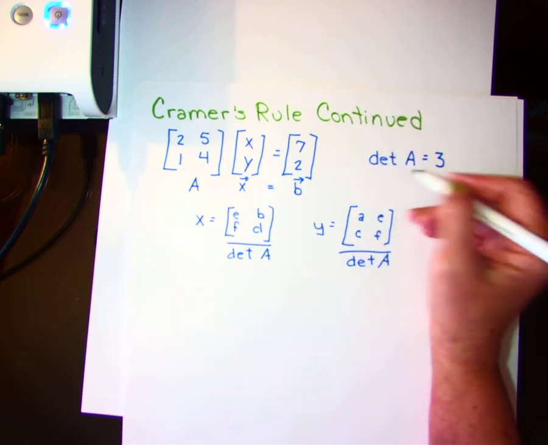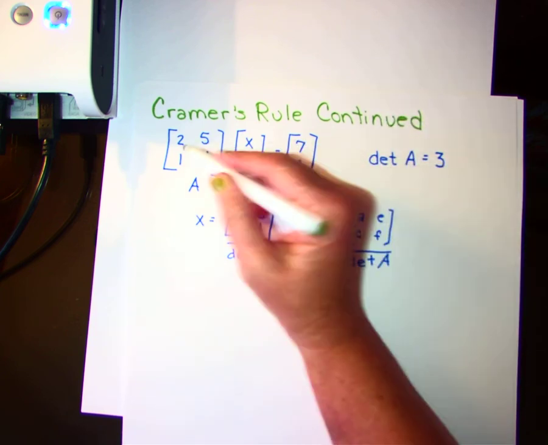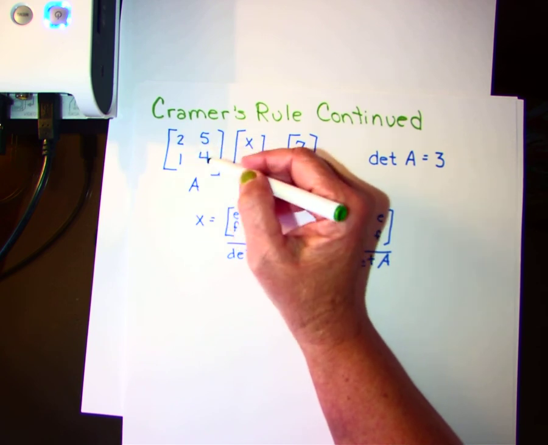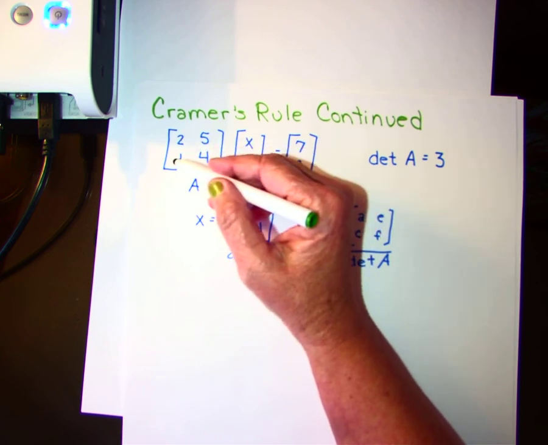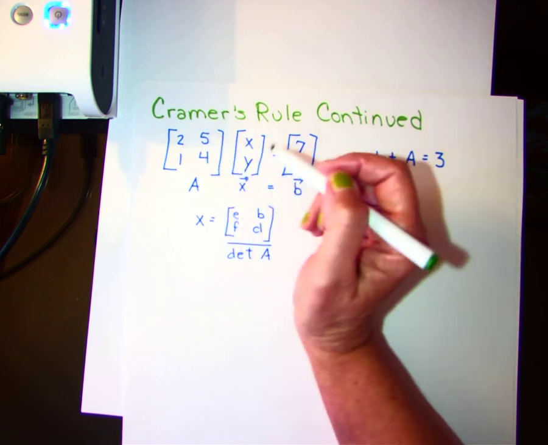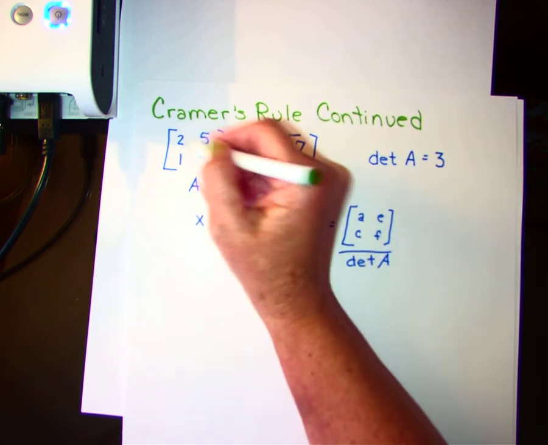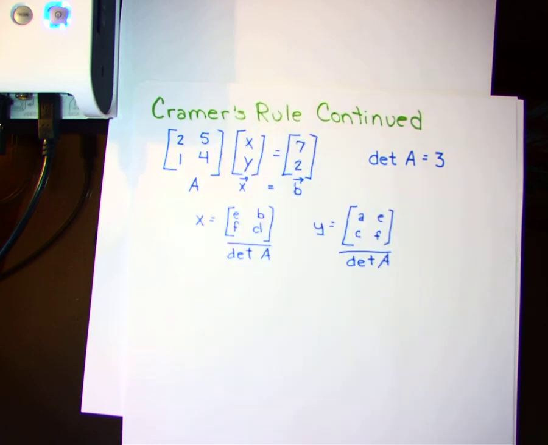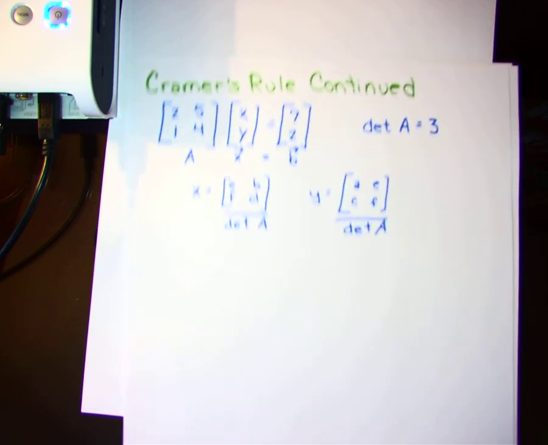Now, we already found the determinant of A, which was, this is actually a times d minus c times b. So it's just these two crossed, multiplied by each other, subtracted by that. Now, what I showed you at the very end was this.